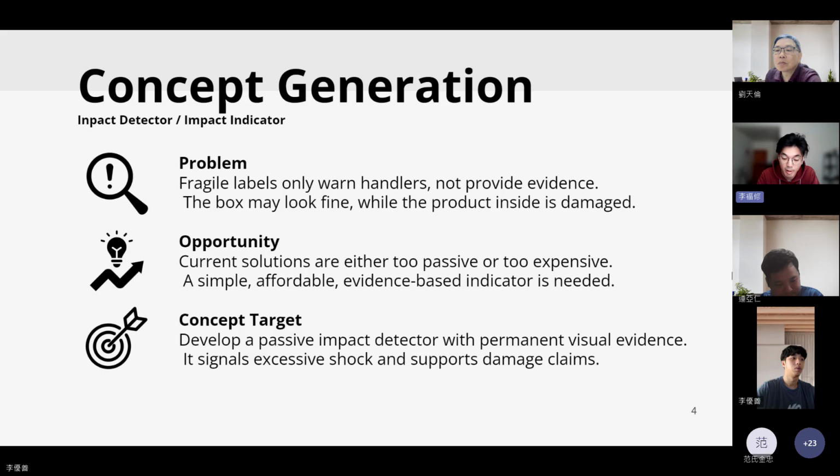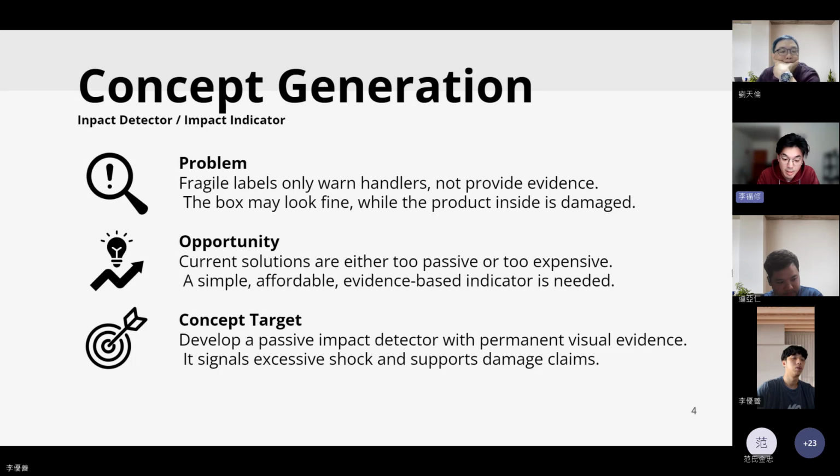For the problems, opportunity, and concept targets, the main problem is that fragile labels only warn people and tell handlers to be careful, but they do not show if the package was actually dropped or hit. Sometimes the box still looks fine outside, but the product inside may already be damaged.